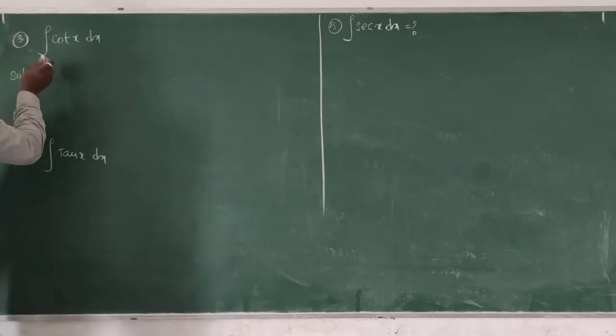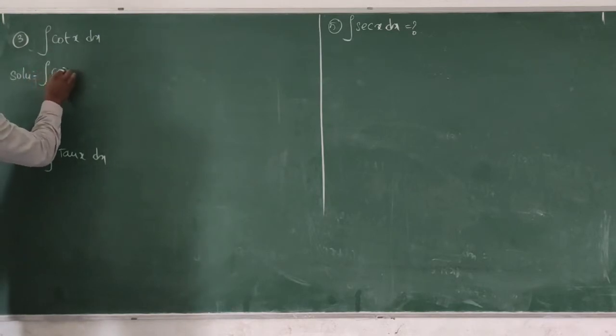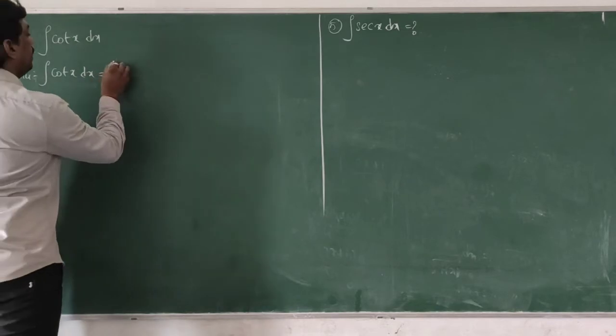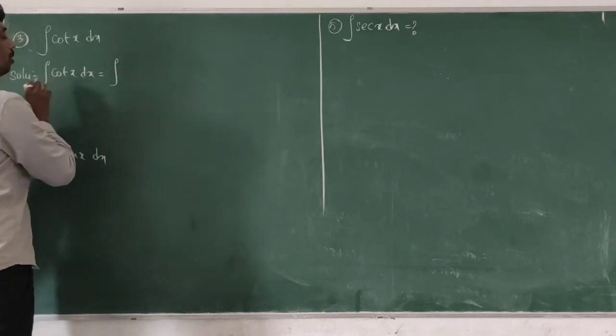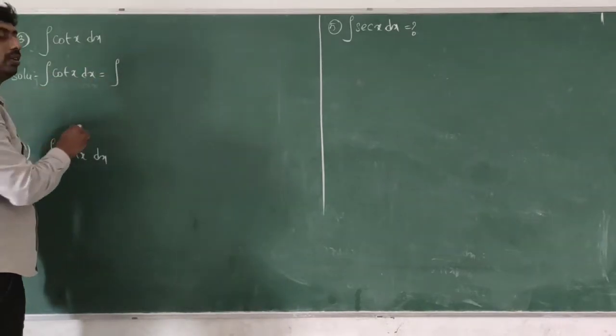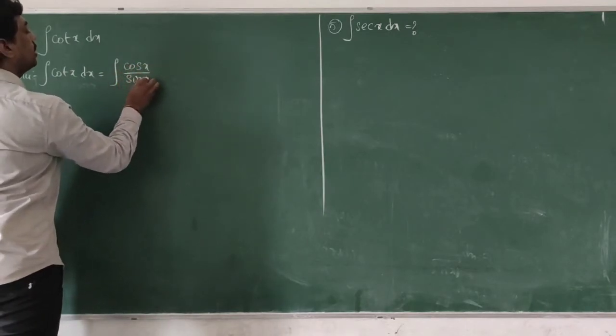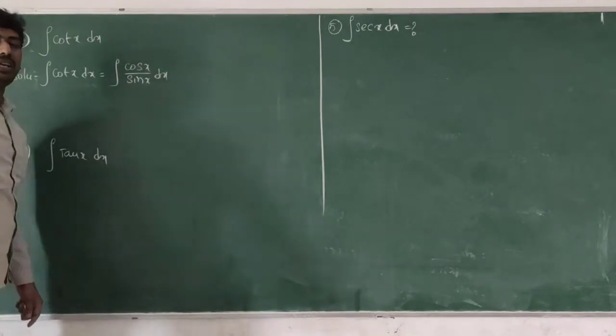So we have to find the integration of cot x. This cot x can be written in terms of sin and cos, that is, cos x by sin x dx.